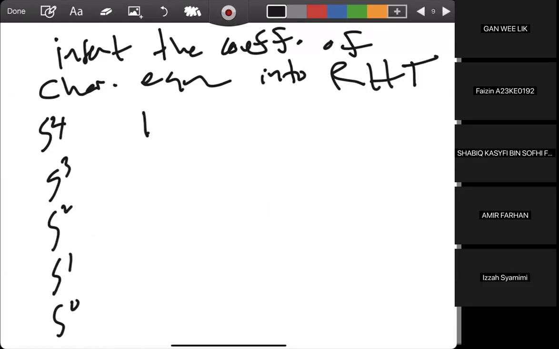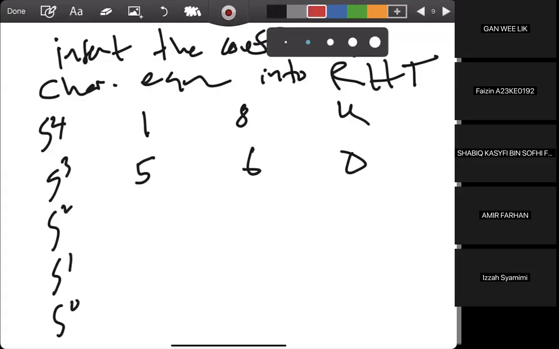Okay, 1, 5, 8, 6, K, 0. Then you have to fill up this s^2, s^1 and s^0.